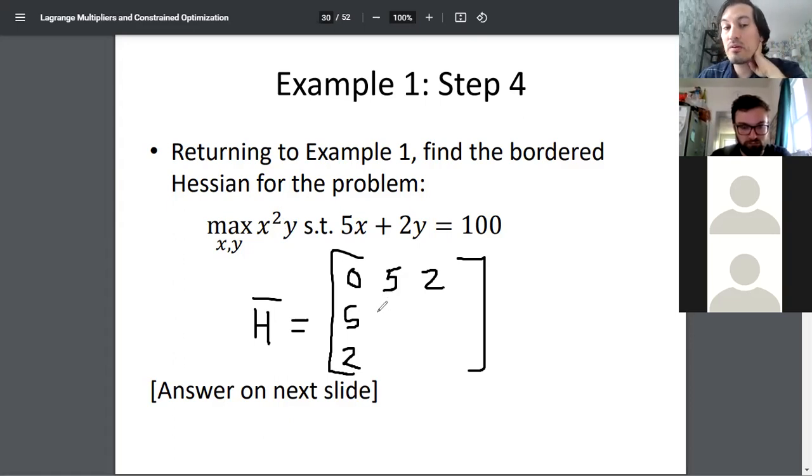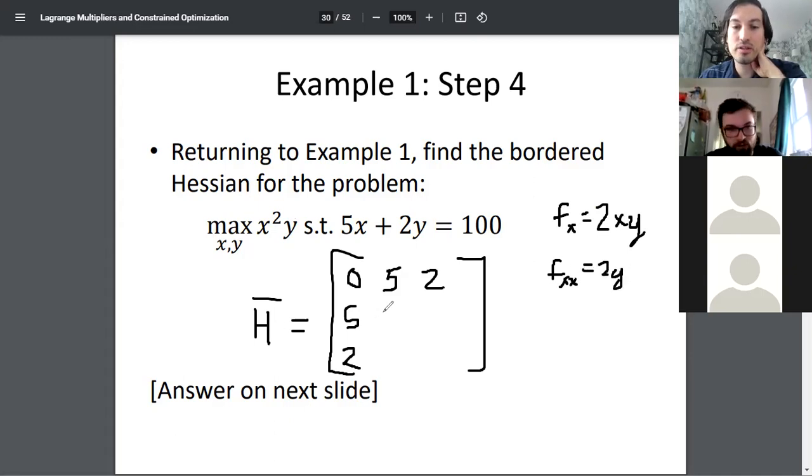Good guess, but no. There's going to be a term here. So what's the derivative with respect to X? It's going to be X squared Y becomes 2xy, doesn't it? So if I want fxx, what does it become? 2y. It's 2y. Very good. 2y. That's what should go here.